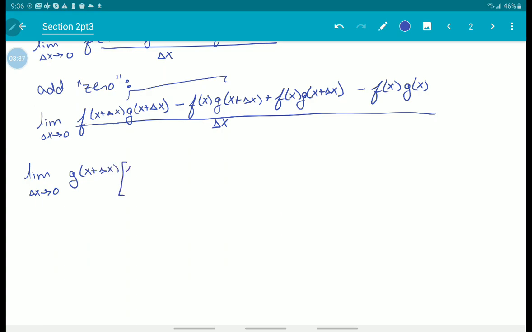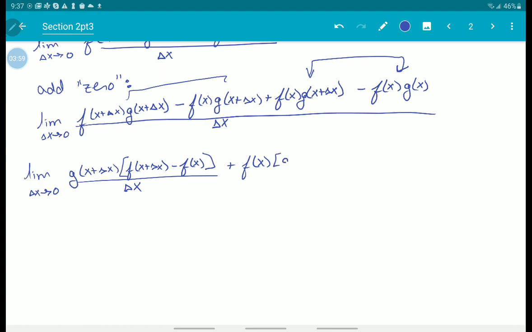And that's going to leave me with the f of x plus delta x minus f of x, and all of that's over delta x. And then these two terms, notice they have an f of x in common. And that's going to leave me with g of x plus delta x minus g of x all over delta x.